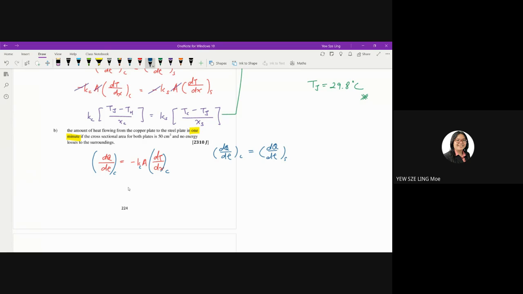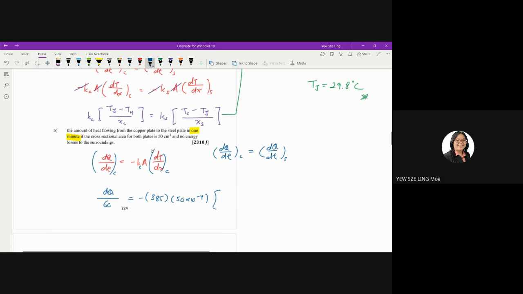So now I'm going to expand the equations. dQ divided by, now 1 minute is 60 seconds, equals negative, bracket, my K is 385. And then the given cross-sectional area is 50 cm squared, so 50 times 10 to the power of negative 4 meter squared.